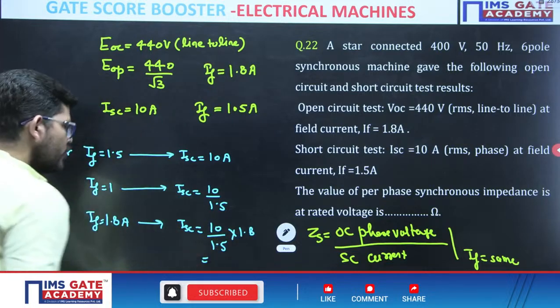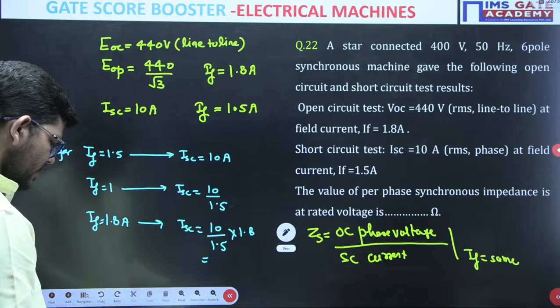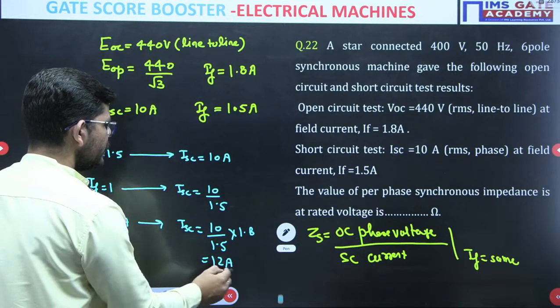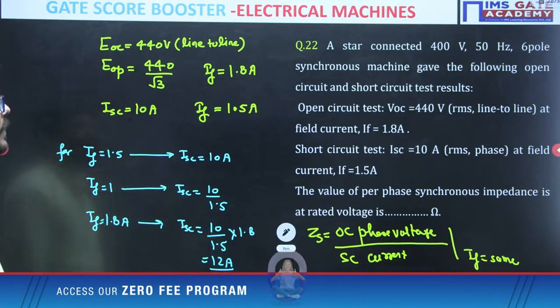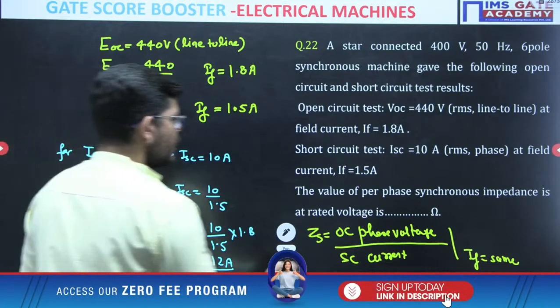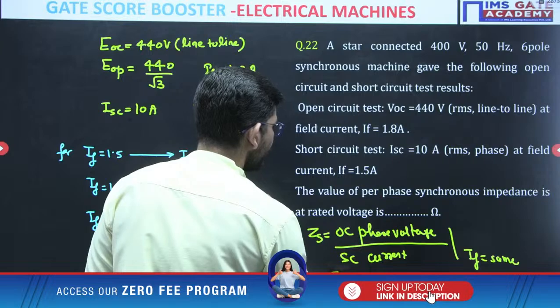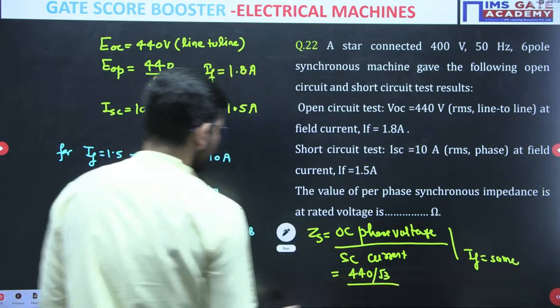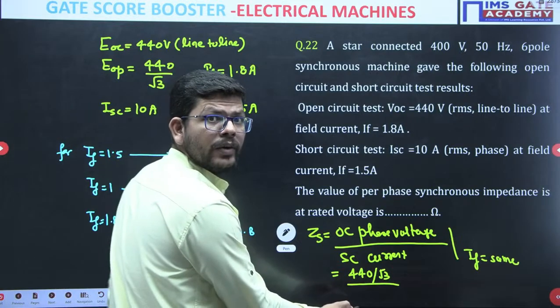So what you are going to get? You will get a short circuit current of 12 ampere. Right. Now this is what we will take. So we will put here 440 divided by √3, and the short circuit current will be 12 ampere.